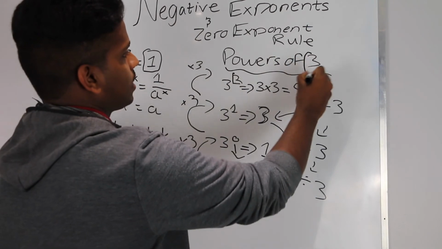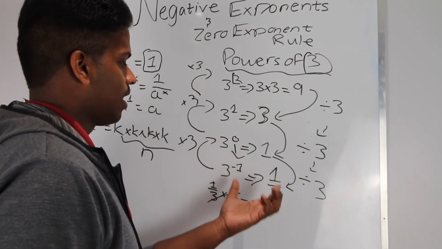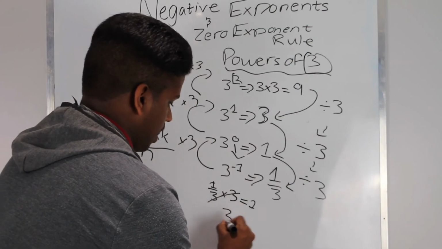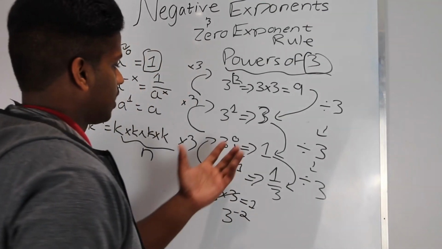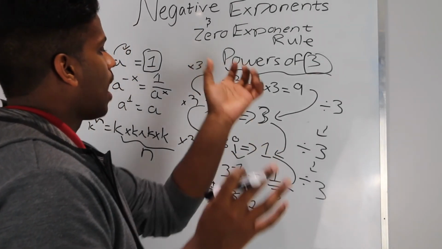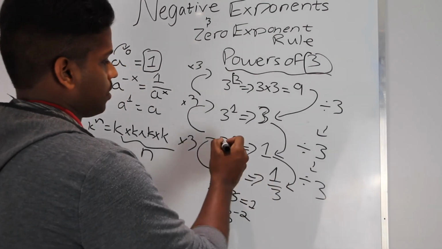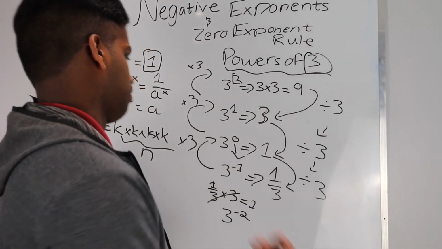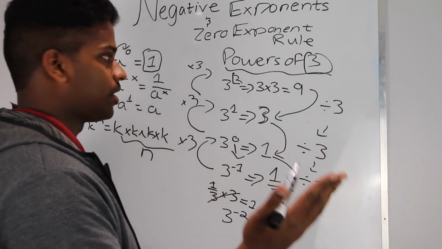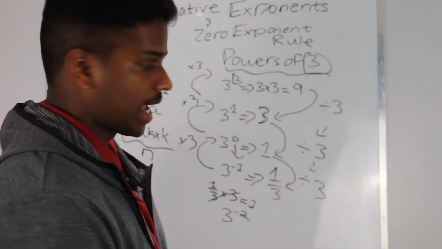And this is the idea of powers, and this is how we get the idea of negative exponents. This is an illustration of why we get 1 as a result of 3 to the power of 0, or anything to the power of 0, how we get our zero exponent rule, and how we solve our negative exponents.